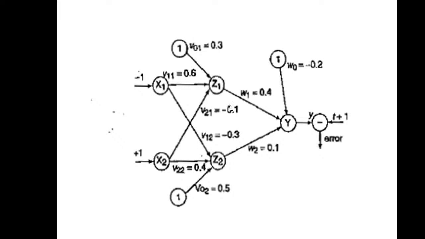Then Z1 is connected to Y by W1 equal to 0.4, and Z2 is connected to Y by 0.1. All of you can just draw this.